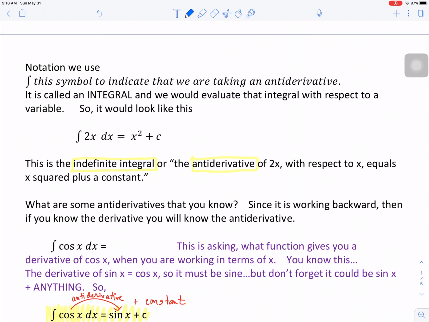So the problem we just talked about would look like this: the antiderivative, or the indefinite integral, of 2x with respect to x equals x squared plus something. And that something could be nothing, but we don't know what it is, so we have to write it there.